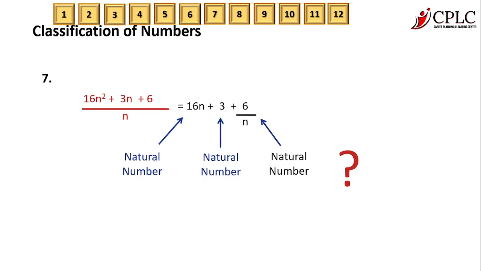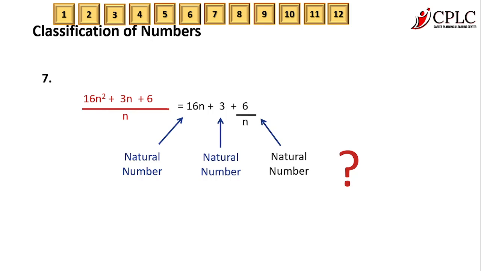So for this entire number to become a natural number, 6 by n has to be a natural number, and that is the whole idea behind this scenario. Now we only have to think about the possibility where 6 by n is a natural number.